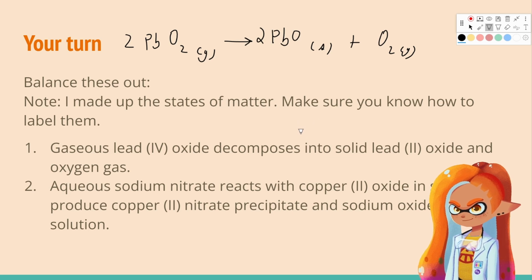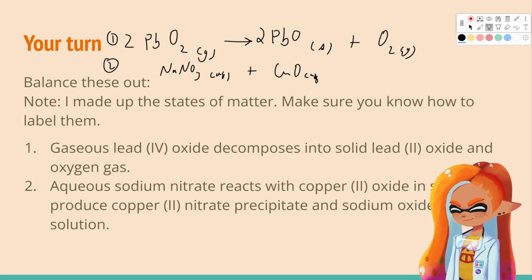Okay, in the second question, I'm going to go ahead and just label this number 1. So in the second one, I have sodium nitrate, so that's NaNO3. It is aqueous, so I put AQ. And then it's reacting with copper 2 oxide, so copper is +2, oxide is -2, so you just need one of each. It is said it is in solution, so make sure to put an AQ right there.